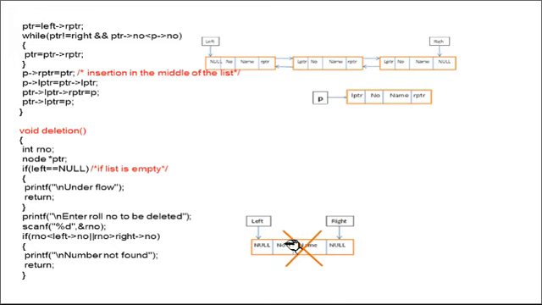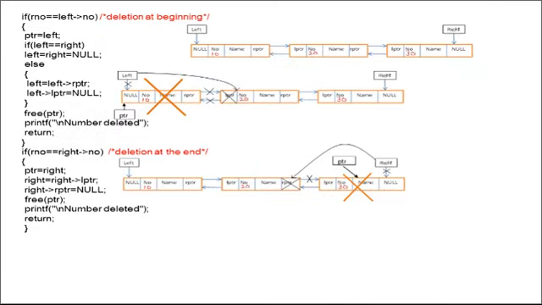Then after deletion, left equals null, right equals null. We will see the execution. So if left equals right, then there is a single node in the double linked list. After deleting that single node, now the left becomes null and right becomes null, right?